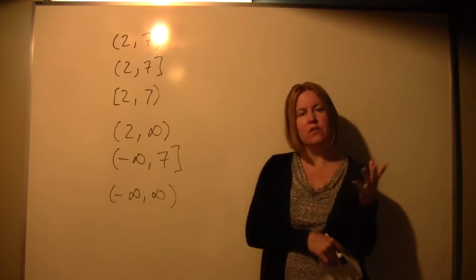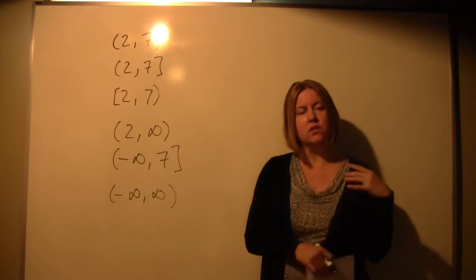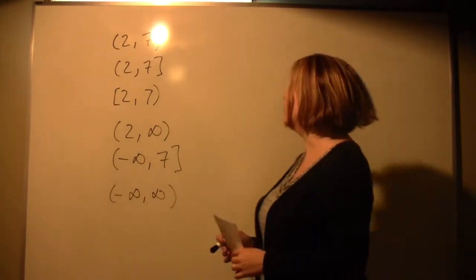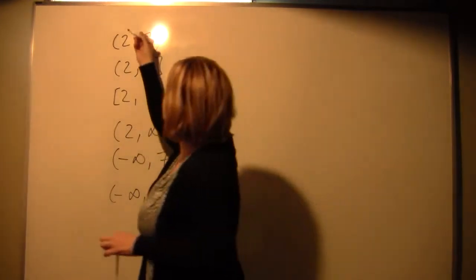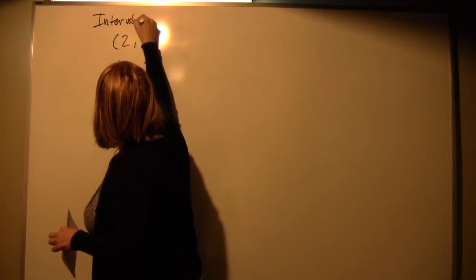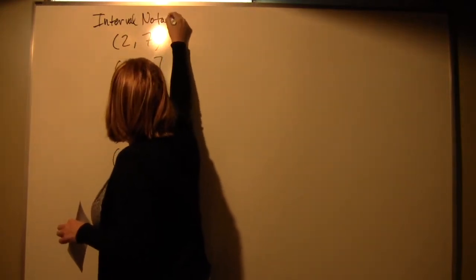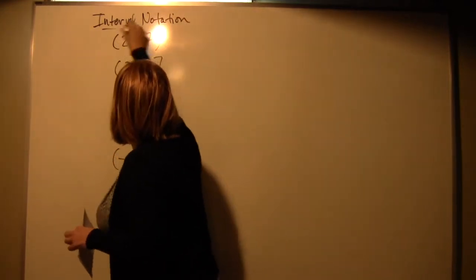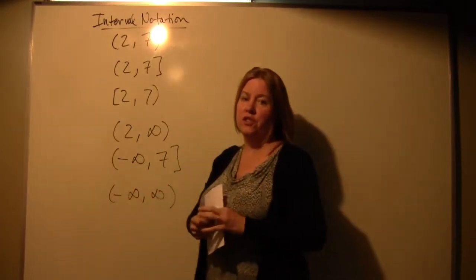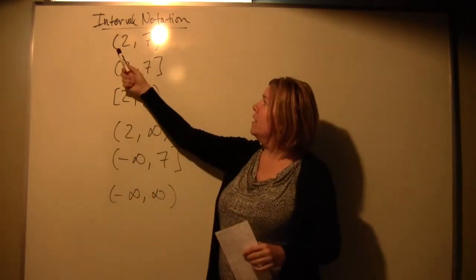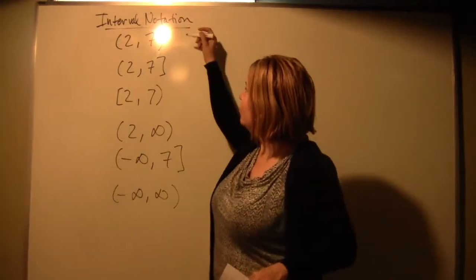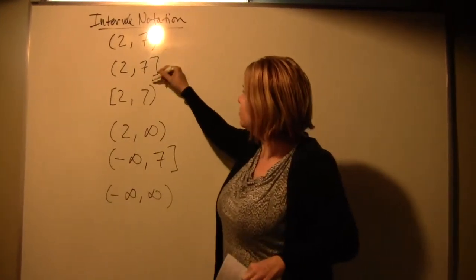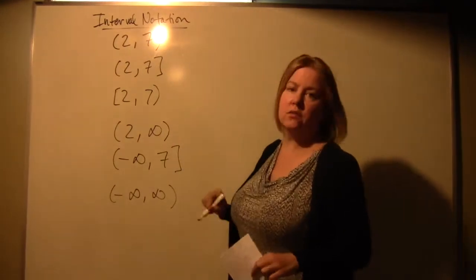And so there's three different ways to show the solution for an inequality. This is called interval notation. So we're going to put interval notation. Before I get to that, I want to point out that you see parentheses and you see these brackets, okay?